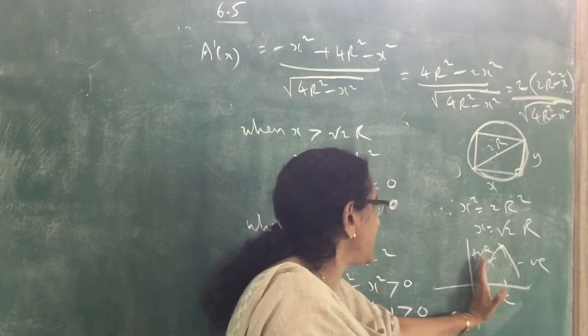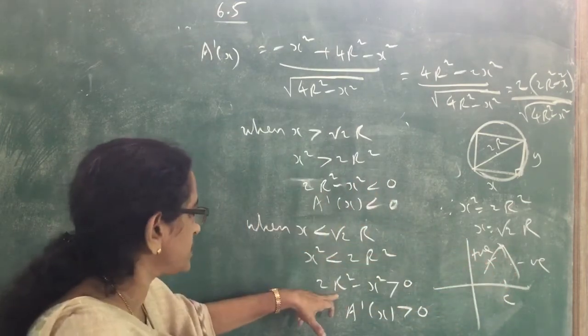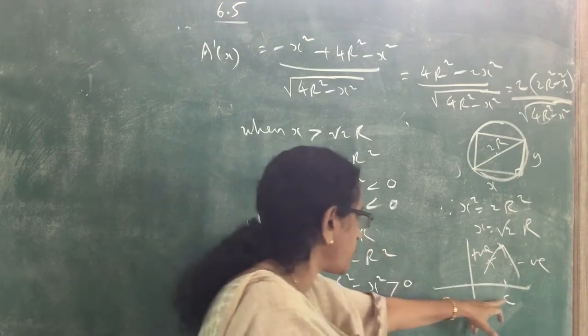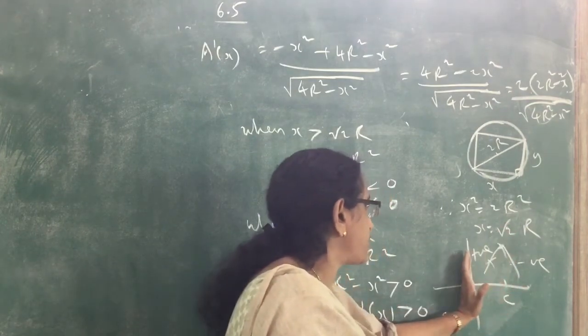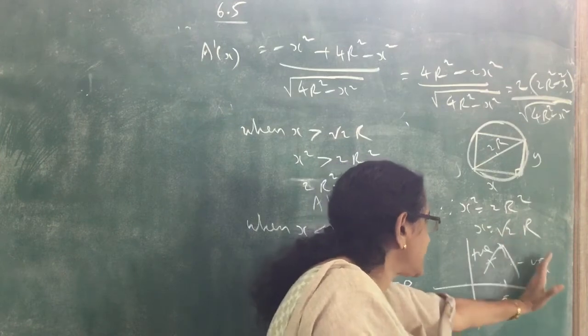Before the point c, f dash x is positive. Here, instead of c, the number is root 2r. When x is less than root 2r, f dash x is positive. When x is greater than root 2r, it is negative.